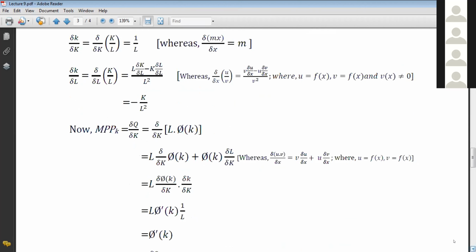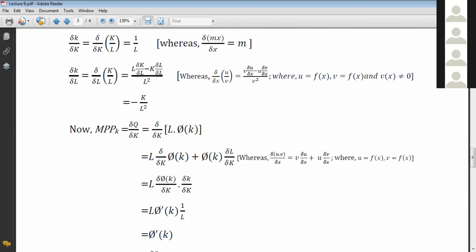In this situation, we can use the derivative formula of uv. Can you see this? Del of u into v divided by del x means v del u by del x plus u del v by del x. Here we have L into a function of small k. We can assume L as u and phi of small k as v.